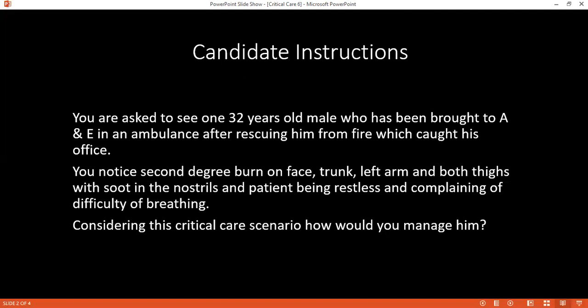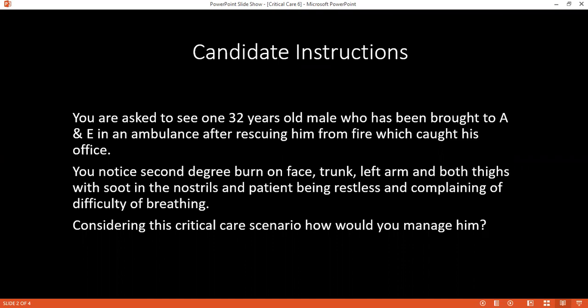Airway burn can lead to what kind of complication which obstructs the airway? Laryngeal edema, inhalation injury. And if I suspect inhalation injury, early intubation should be done, even before laryngeal edema develops.